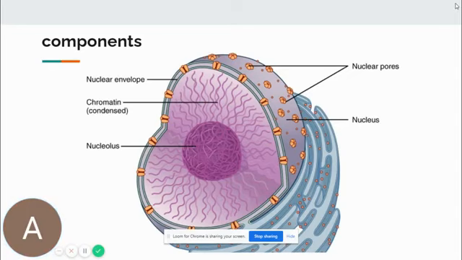It is bound by a nuclear envelope which protects it from certain cytoplasmic changes because, of course, DNA is very precious.